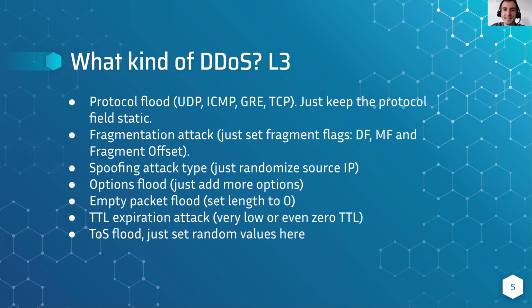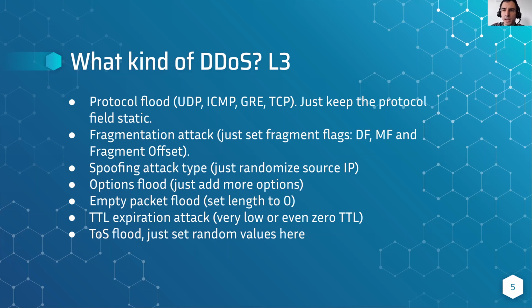Then let's talk about the ways people typically explain those kinds of attack types. So it's protocol flood. Typically, it's not a random protocol. It's UDP, ICMP, TCP, GRE in some cases. And fragmentation attacks, when your network starts receiving lots of packets like more fragments or don't fragment or something different.